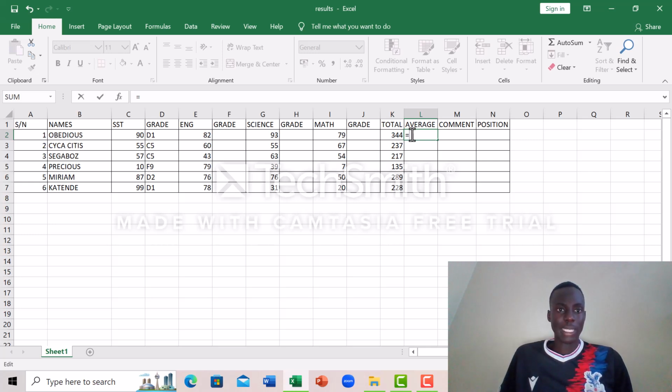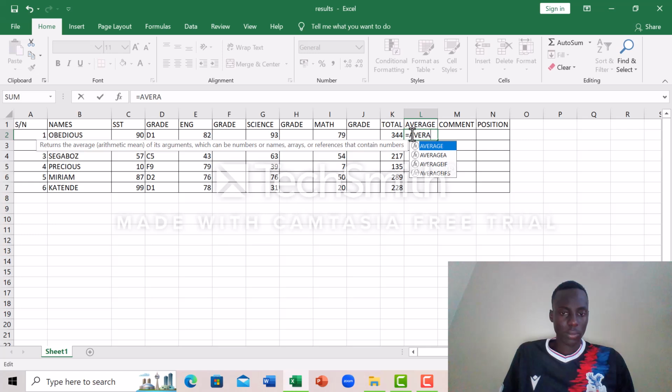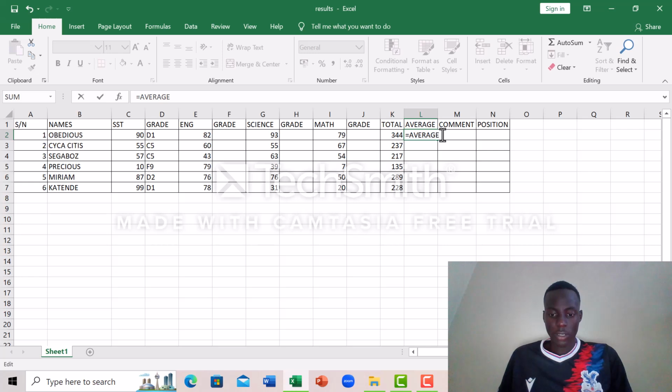So we shall repeat afresh, and we shall say equals average, open brackets.